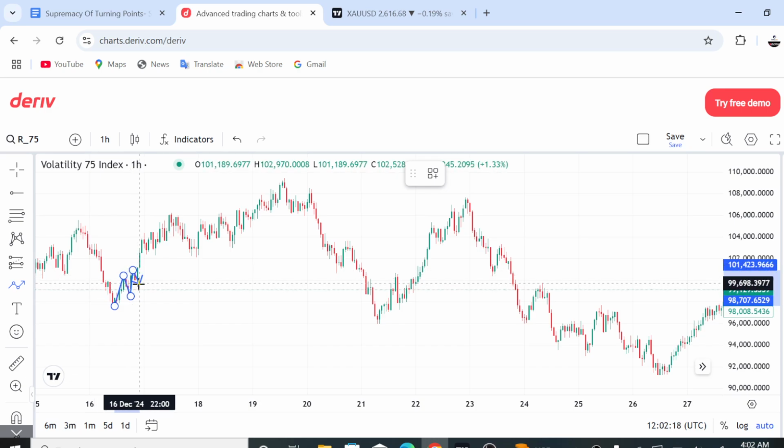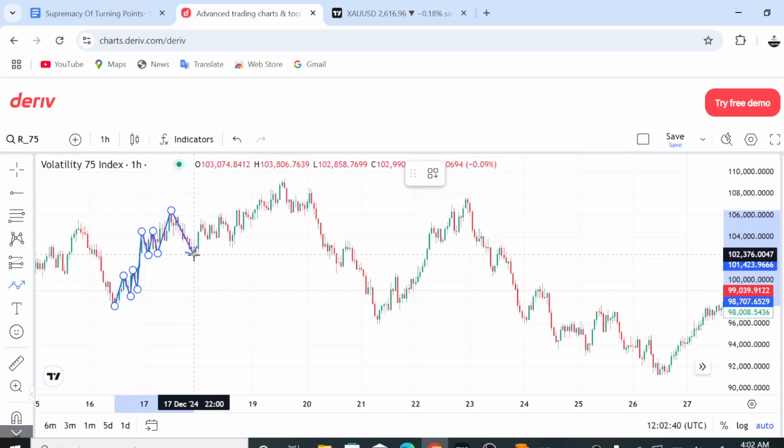So this market is making a higher high sequence. Okay, create this high, create this low, create this high, create this low, create this high, create this low. If you look as a wise trader, you will know that the uptrend is still intact.